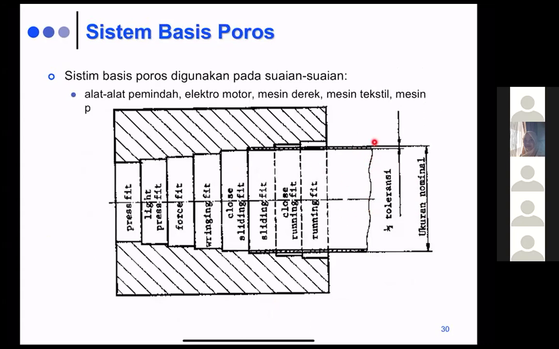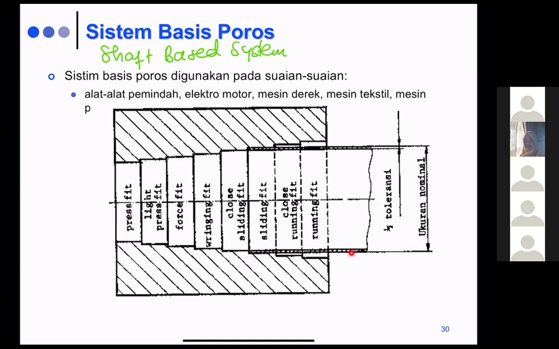In the shaft-based system, we have the nominal size of the shaft. Let me write it. So this is the shaft based system. Then we can determine how big the hole has to be in the other part.